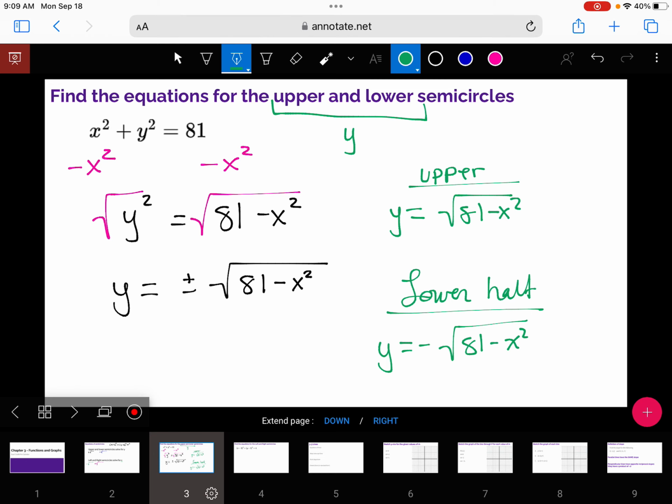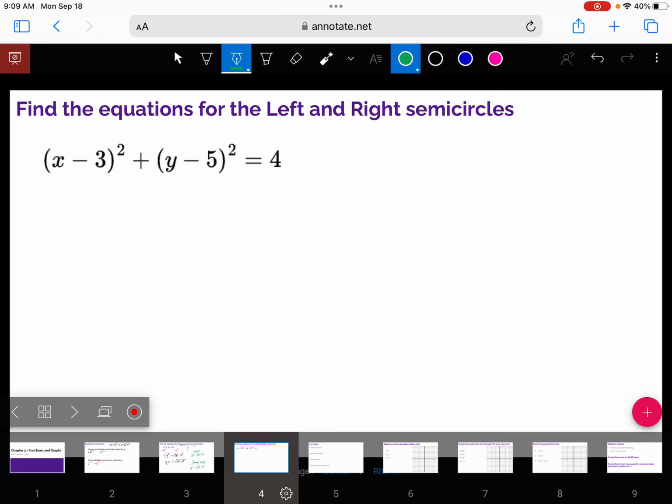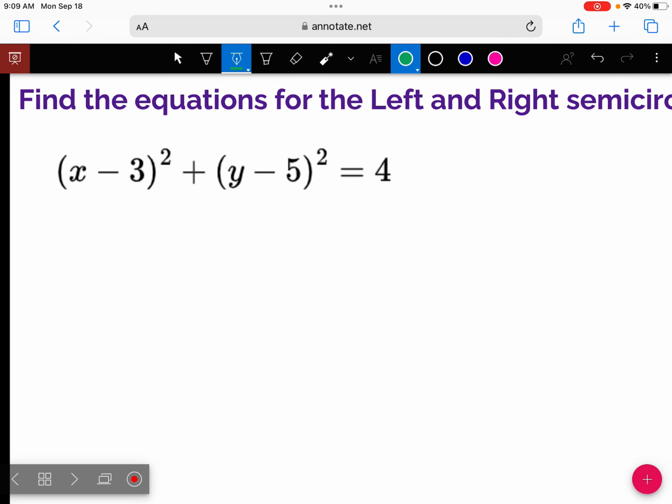We're going to do another one, a little more complicated. We're going to do left and right semicircles. This one has parentheses. We do not need to multiply it out. Left and right semicircles means we are solving for x.